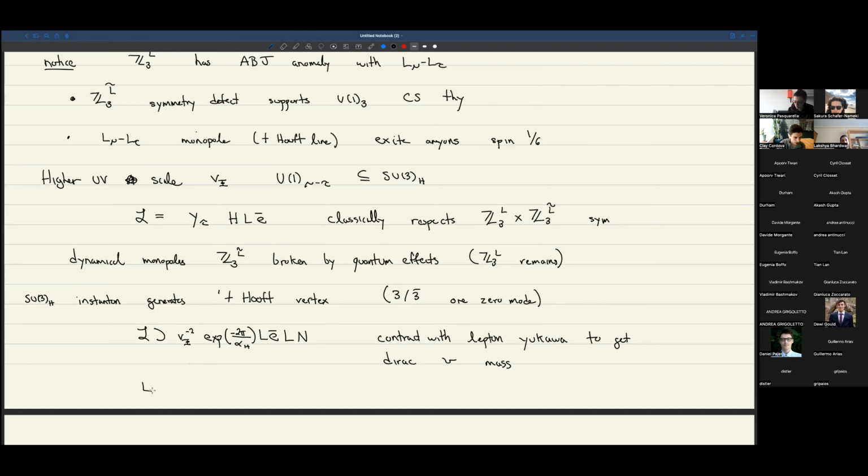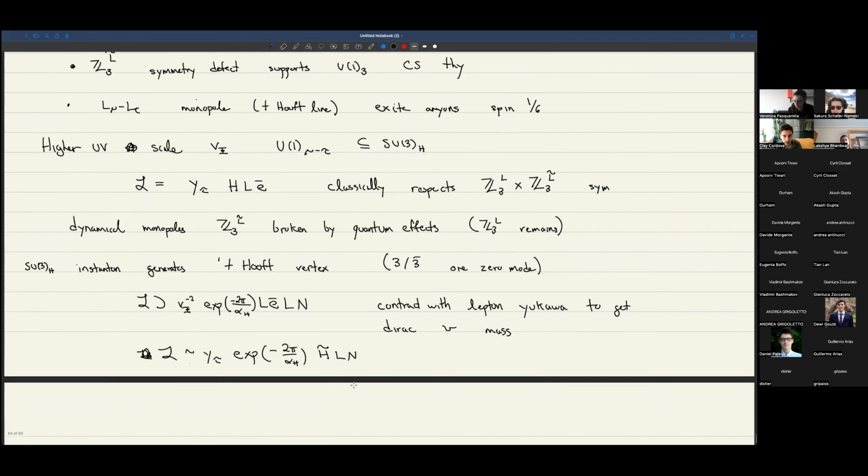So what will that look like? That means that our Lagrangian will go like y tau, instanton action, and then our Dirac mass that we were looking for.